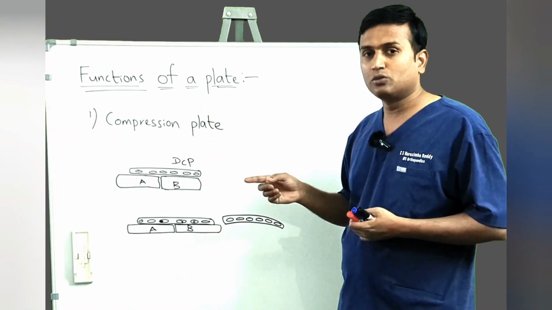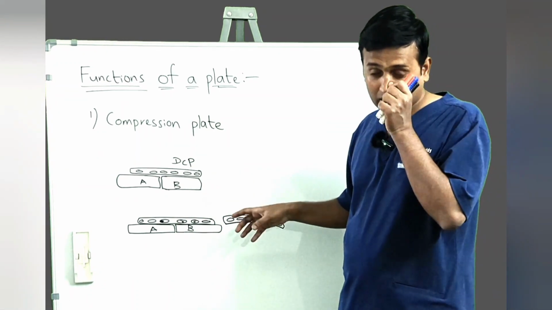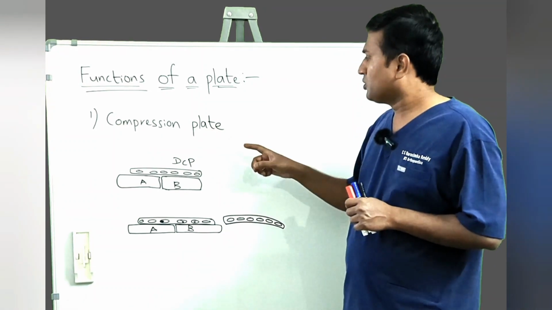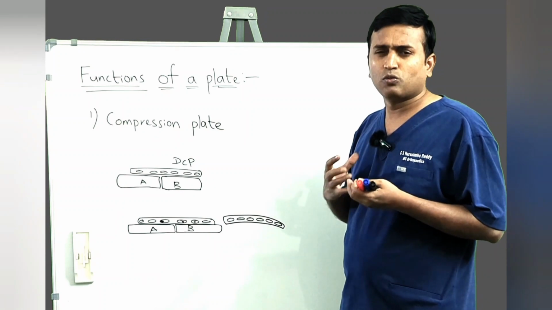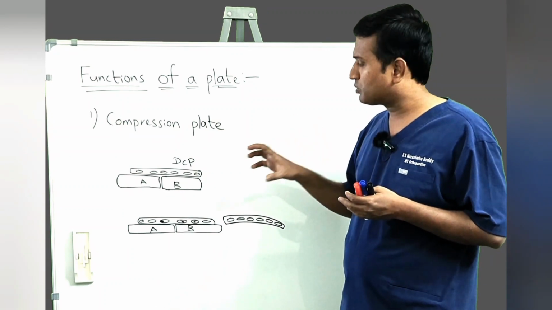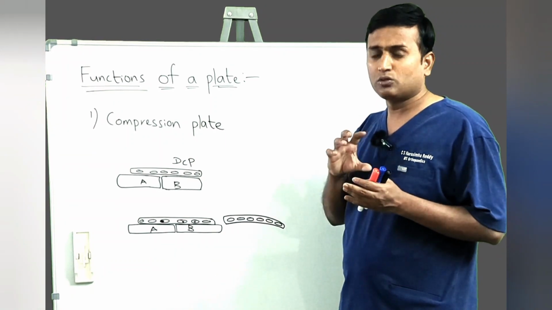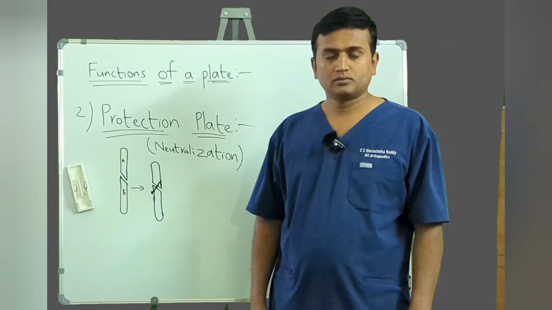So we are using this DCP, or the contoured plate that is like DCP, by bending the plate, and that gives compression. So what is the main function? We are using DCP as a compression plate. So we can use a DCP plate as a compression plate. That is the function.